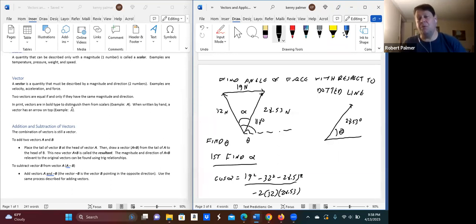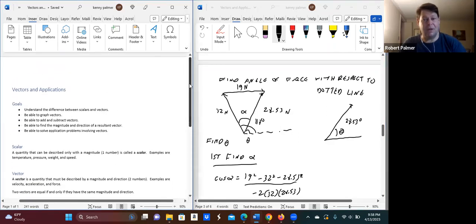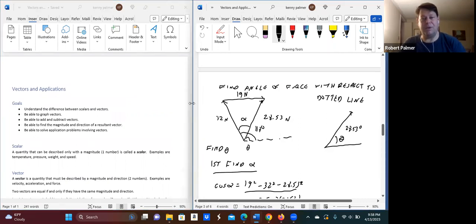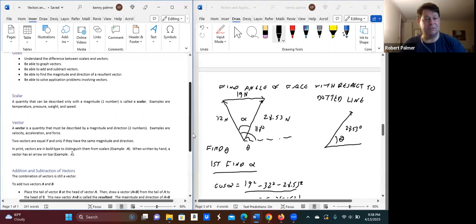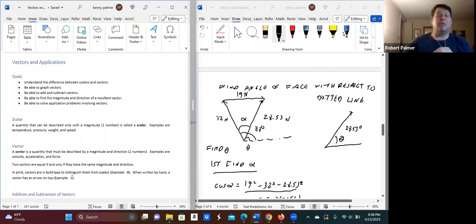Okay. So what we've learned today is essentially the basics of vectors, and we looked at an application problem. We learned the basic difference between vectors and scalars. A scalar is a number defined by only one number, which is magnitude, like temperature, pressure, and so forth.